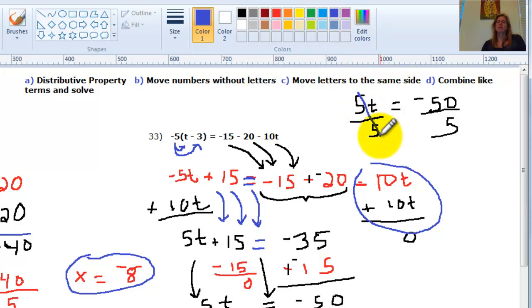Any number over itself equals 1, so 5 over 5 equals 1, and then 1 times t is the t, so you have then t equals, and then divide this here. 5 into 50 is 10, and you have a positive and a negative, so the answer is negative because you have two different signs. So t for number 33 equals negative 10.